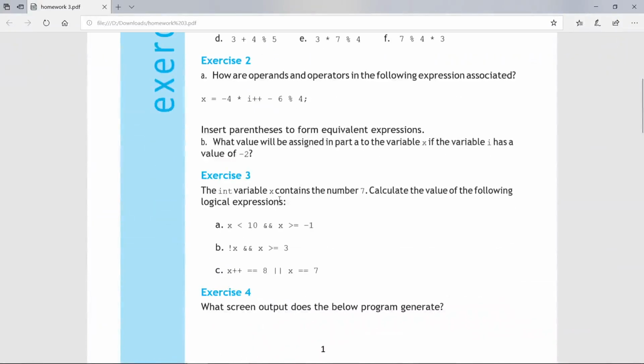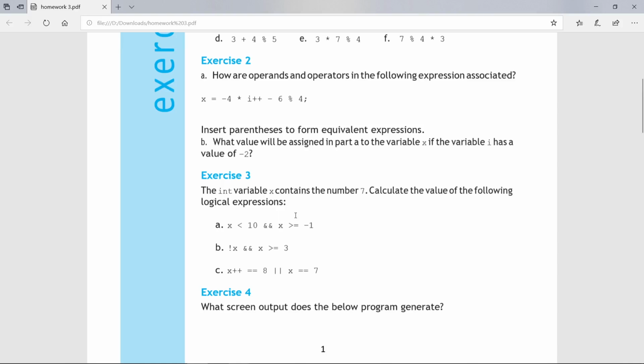Okay. Now let's look at these expressions and calculate them to true or false. So the first one here, we have x minus 10 and x greater than or equal to -1. So this one, they both have to be true because we're using the AND operator for the expression to end up as true. So because x is 7, this bit is true, and it is larger than -1, so that's also true.